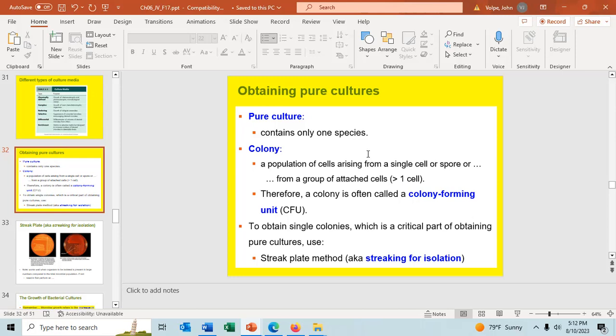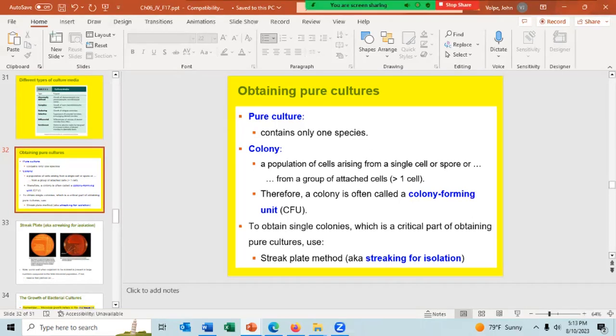Even then, it's not 100% of the time going to be a pure culture, but it's greater than 95% of the time. And in microbiology, that is good enough. If over 95% of the colonies are a pure culture, we can call it a pure culture. Any question about any of that?